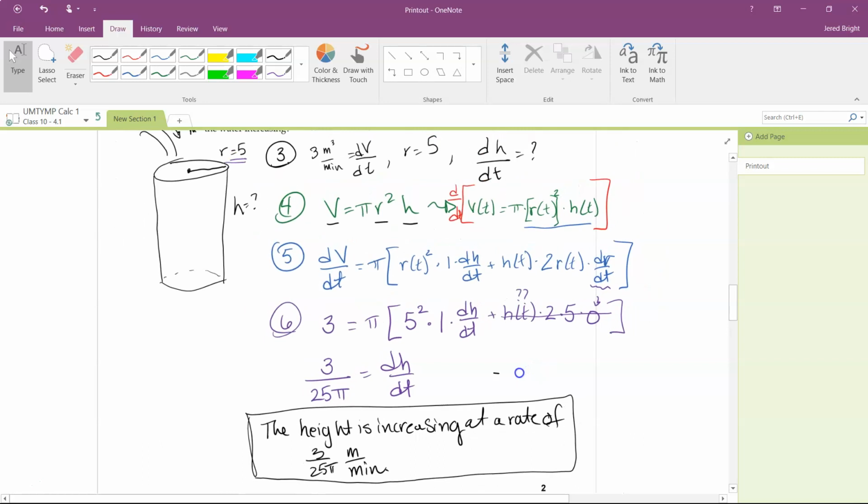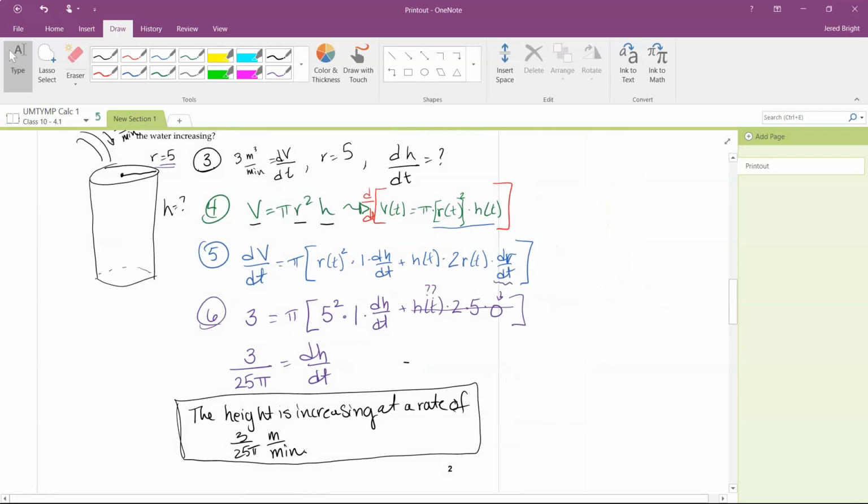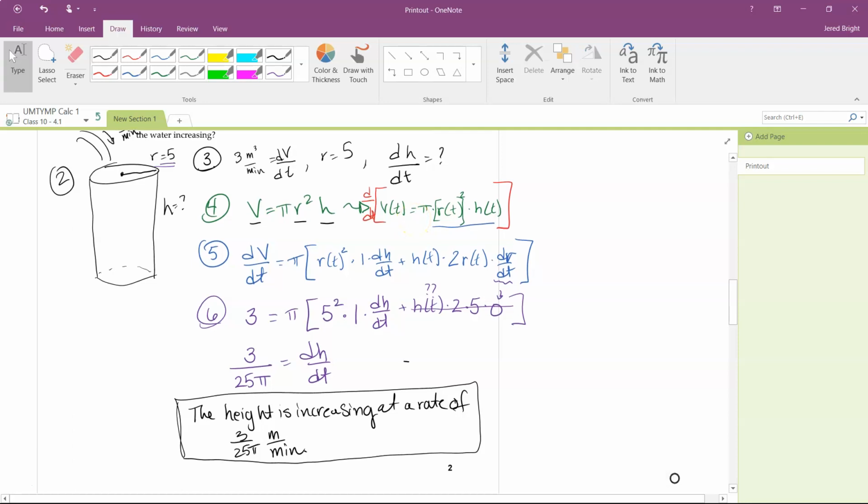To recap, start by drawing a picture. Okay, that's step 2. We read carefully, that was step 1. Step 3 was to identify the quantities that are given and the quantities that are needed. Number 4, find an equation. Okay, recognize that the quantities are all time dependent, or they change with time potentially.